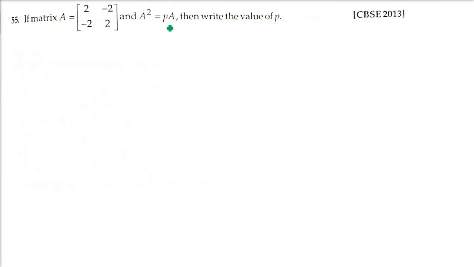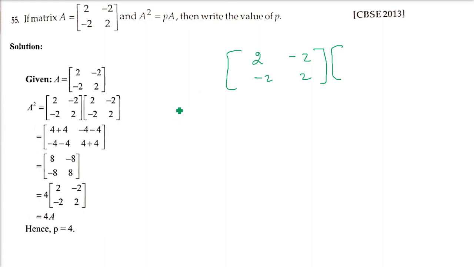If matrix A is this and A square equals PA, then write the value of P. A is 2, minus 2, minus 2, 2. We'll multiply this. But I would like you to try another method. This is for you. A square equals PA can be written as A square minus PA equals 0. If you take A common, it will be A times A minus P. So is this possible?